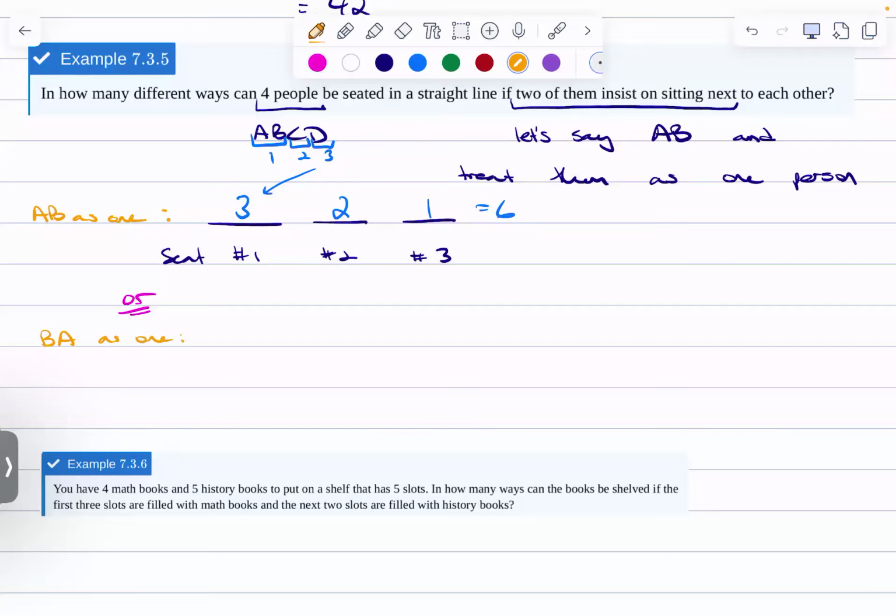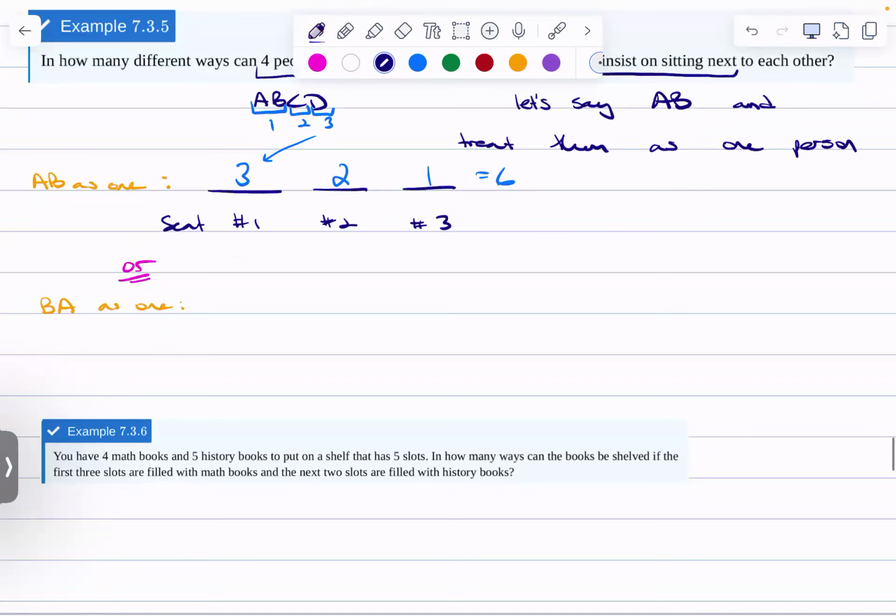That's going to be a different seating arrangement, right? BACD versus ABCD, and so on. And so then what we have is we have seat number 1 again, number 2, and number 3. Now I have 3, 2, 1 again, which is still 6, but it's a different 3 that I have to choose from.